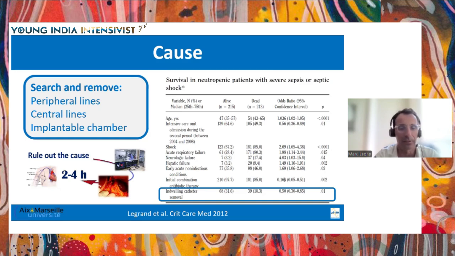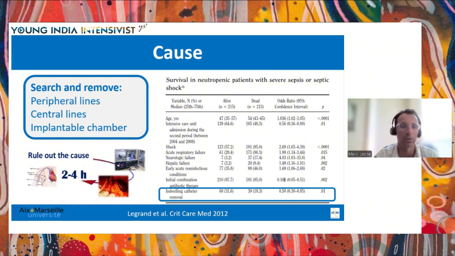And even if it's 2 a.m. in the night, if my patient is in septic shock and there is no other source of infection, I have to remove an implantable chamber. That's very important. And basically, if I don't impair the outcome of my patient, I should do that in the first 2, 3, 4 hours maximum.